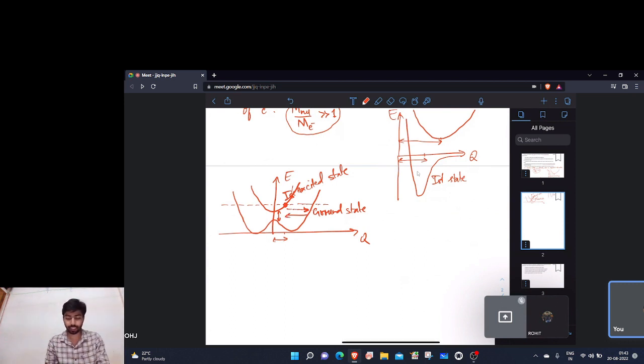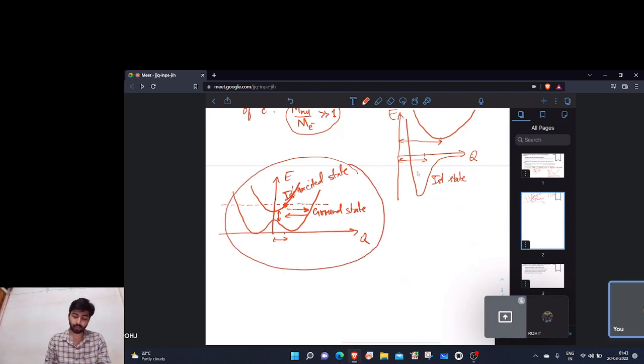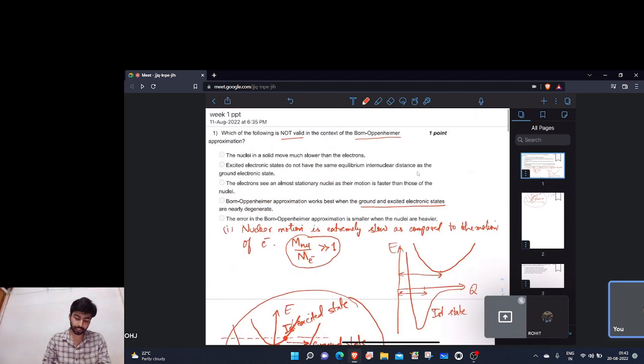This is not allowed by the Born-Oppenheimer approximation, because what it essentially says is that the potential due to the nuclear motion changes extremely slowly, because nuclear motions are very slow, and therefore electrons do not feel any excitations or any changes in their energies. Therefore this particular scenario breaks down the Born-Oppenheimer approximation, and the correct option for the first question, that is the not valid option, would be option number 4.